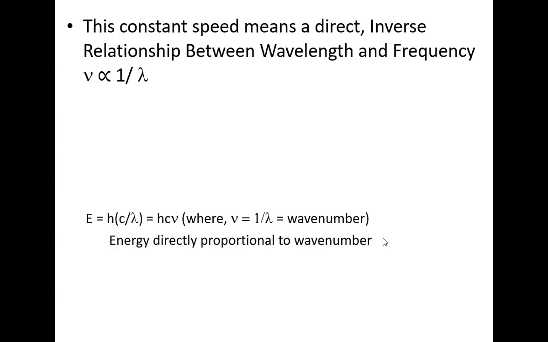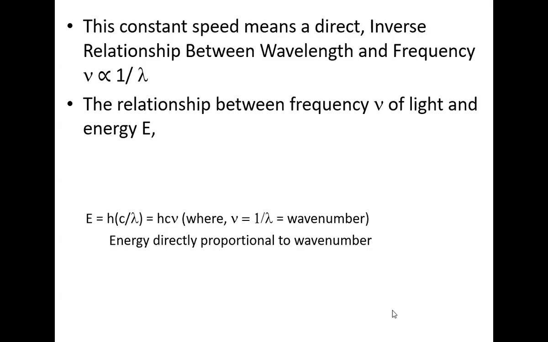And therefore, if we go to the energy relationship, which we have derived before, E equals h nu. Don't we know that? The relationship between frequency nu of light and the energy E, we know that. You can write that equation. What's the equation again?